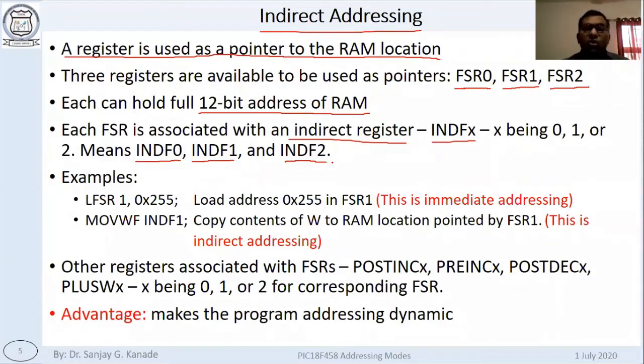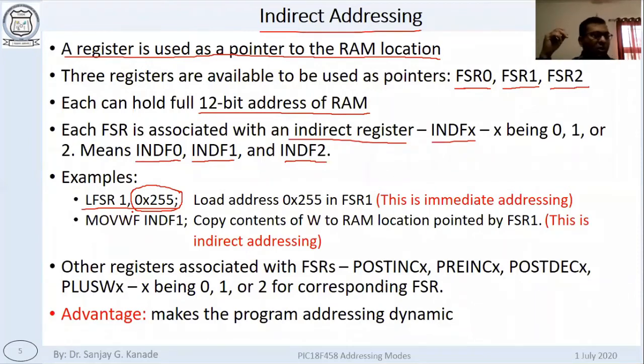Okay. So how this works is, we load the full address of the RAM location in any FSR. If you remember, we have seen this kind of problem in Friday's lecture.